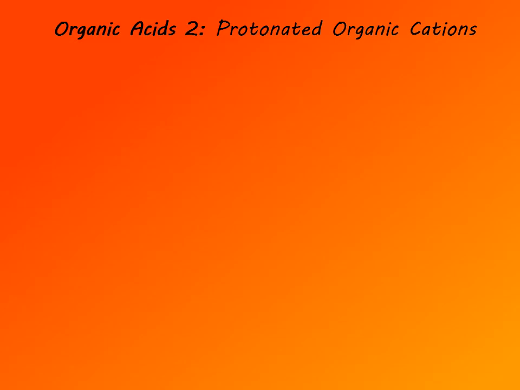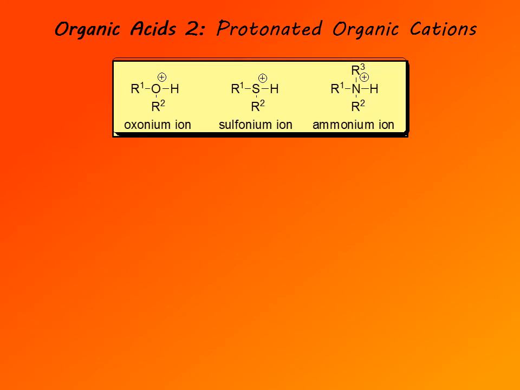Protonated organic cations are actually usually rather strong acids, and here are typical protonated organic cations: oxonium ion, sulfonium, ammonium ion. Their strength varies, but in general they are relatively strong acids. Ammonium may be not that strong, but oxonium is certainly rather strong. But being ions, they are usually unstable, transient species.